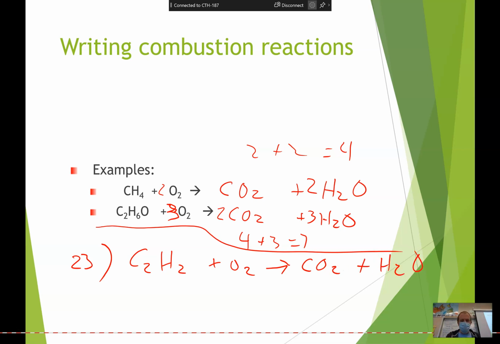Now again, that's not balanced, and you got to balance it. Same thing with 24, C12H22O11. Even though there's oxygen in the sucrose, it still is not going to burn without additional elemental oxygens.